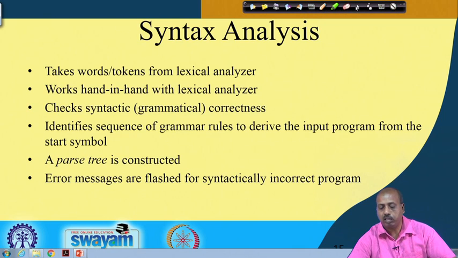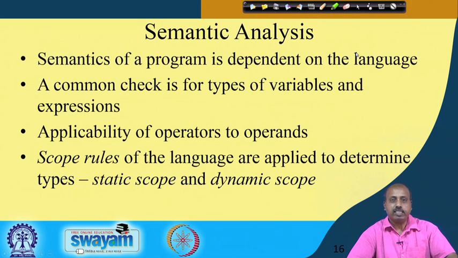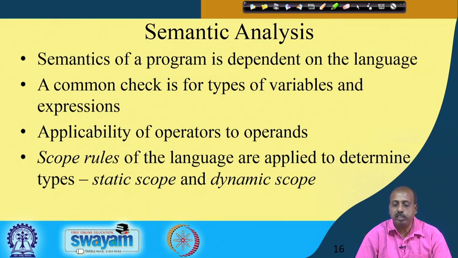So, next comes the semantic analysis. Semantics of a program is dependent on the language. For the same sentence or similar sentences, two languages may mean two different functions. Okay. Every program is nothing but the computation of some function.